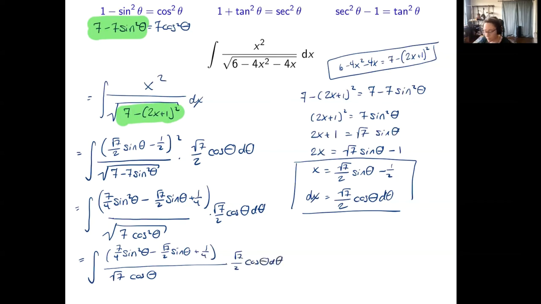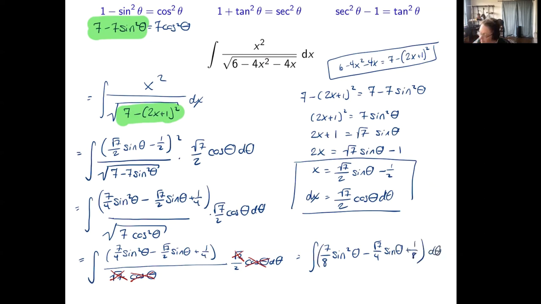I can cancel some things out now. I can cancel out the cosine theta, and I can cancel out this square root of 7. So what I'm left with is, I've got this 1/2, so I'll push that through, 7/8 sine squared theta minus root 7 over 4 sine theta plus 1/8.